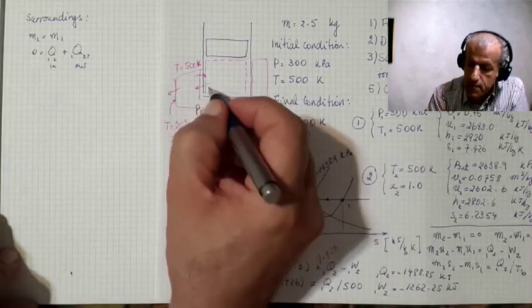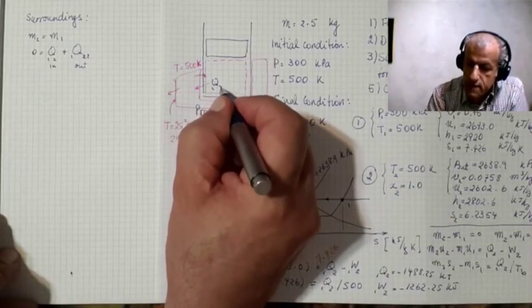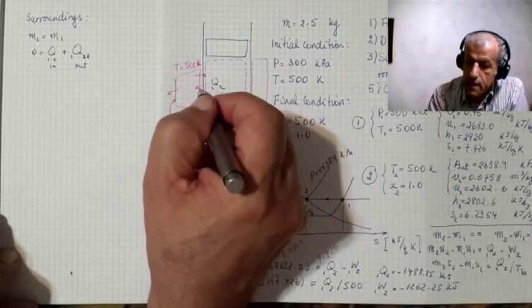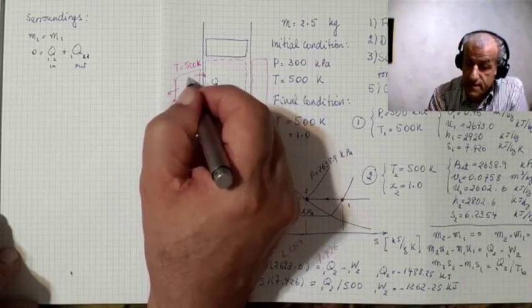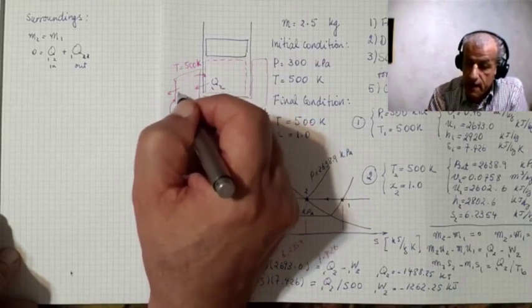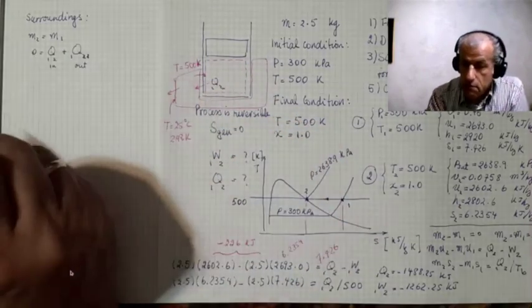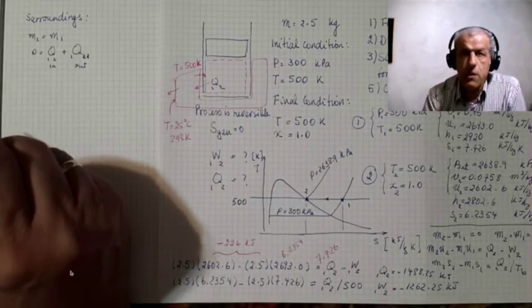And it is the same Q12 that we have calculated here that goes in, which is positive for this surrounding, and this one is negative. And there's no work with it.